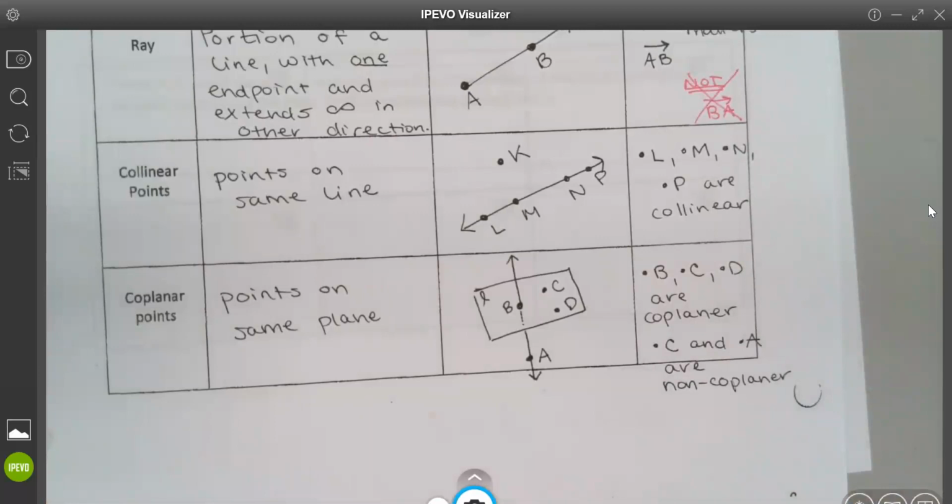A is not. B, C, and D are coplanar. But C and A are not coplanar. Did it get there or not?